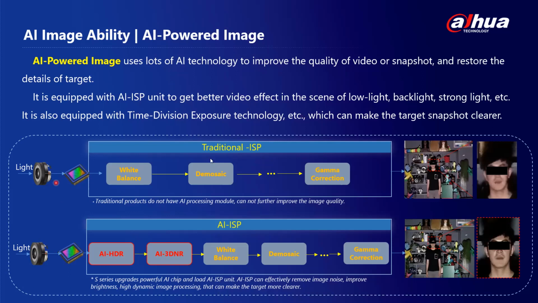So we have this, that's the traditional ISP for the images. That's like the processor of the image. So the lens collects the light from different sources, and that particular light is basically going to be processed by, let's say, for example, the sensor. The sensor performs optimization of the image, where we have the white balance.